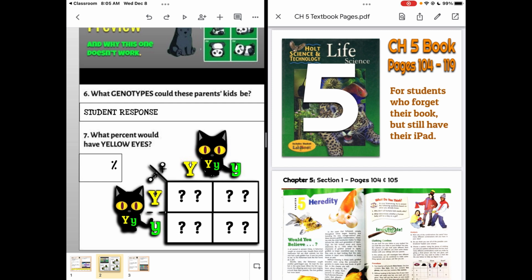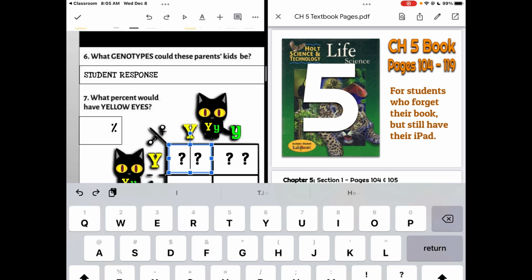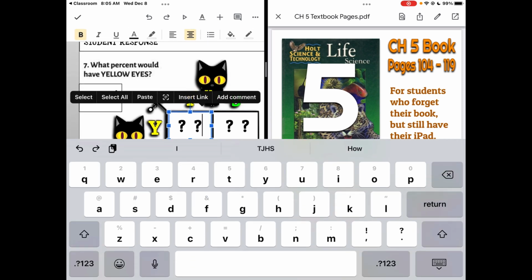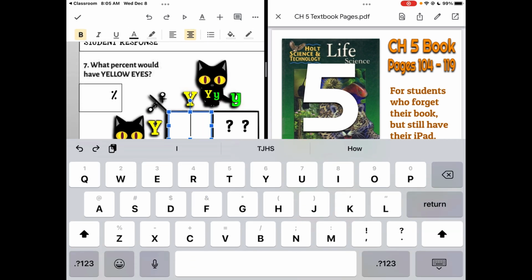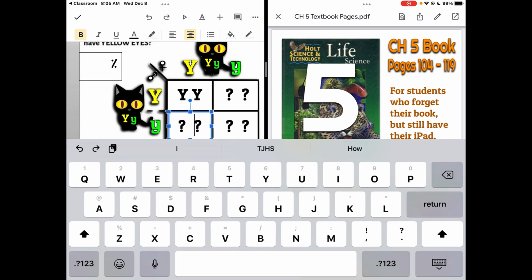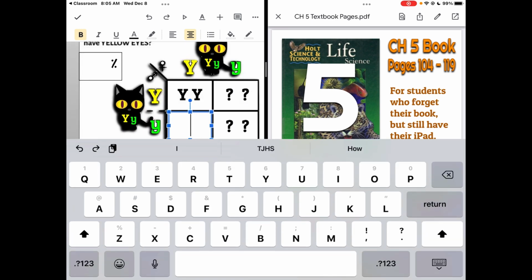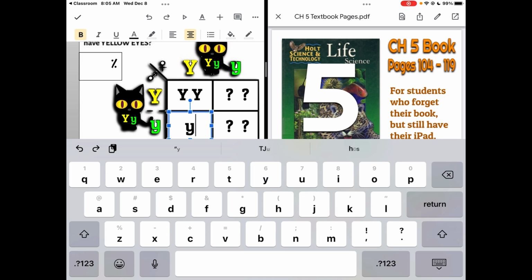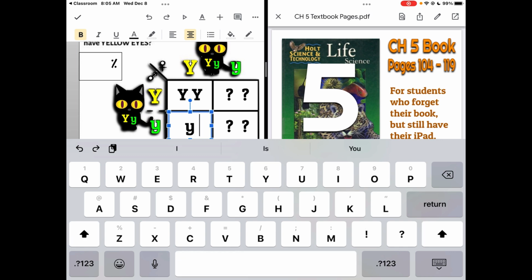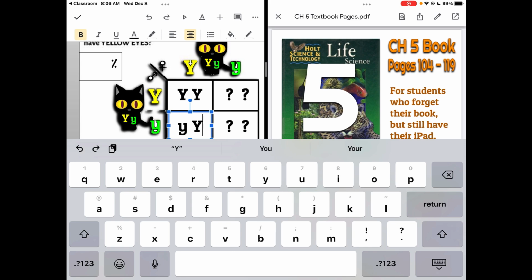If we're talking about percentage, so for instance, in this box, the box above this parent and below is Y and Y. But the box above and beside it I have a lowercase y, and then I have a capital Y above.